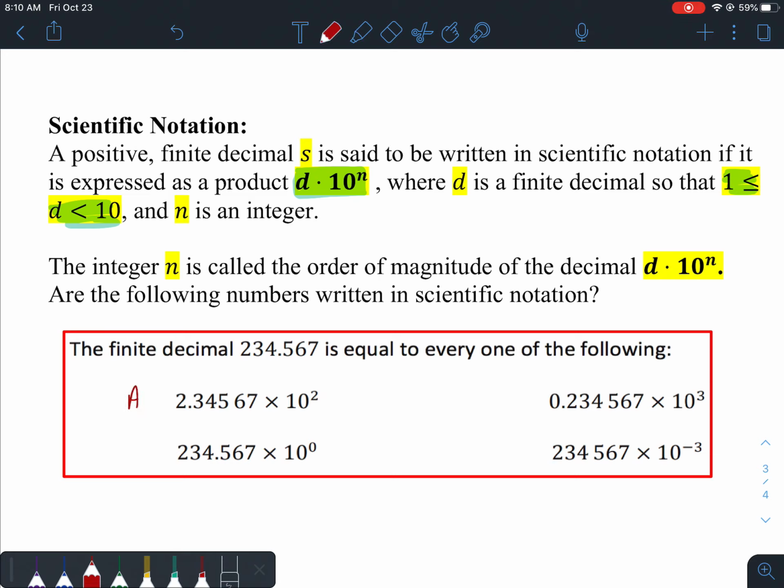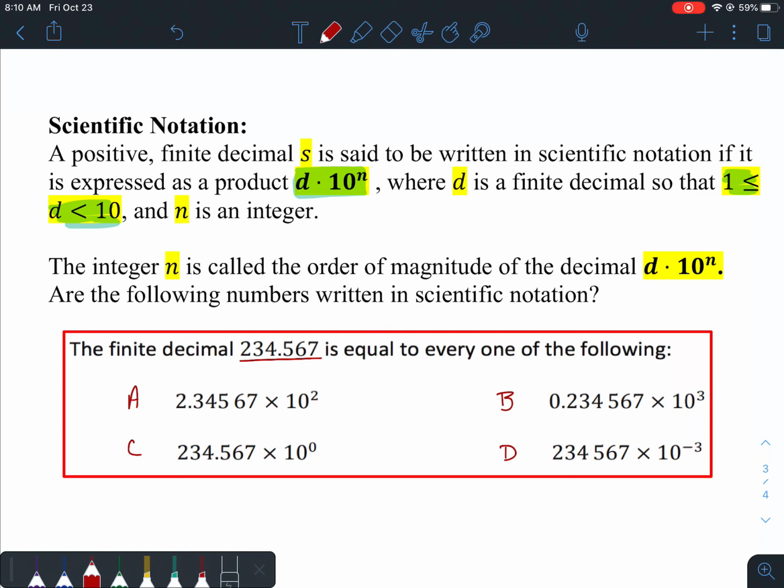So here we have some options. We got A, B, C, and D. The finite decimal 234 567 thousandths is equal to every one of the following. So if we actually used a calculator and typed in all of these choices A, B, C, and D, we would get 234 567 thousandths.